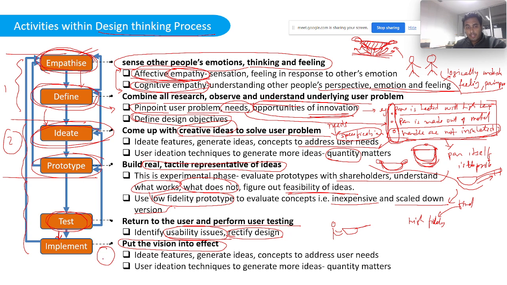So here you try to evaluate whether your solution actually is solving that particular problem or not. If not, then you go back to this particular process and reiterate it again. So this is basically the entire design thinking process with its activities. Okay, clear?